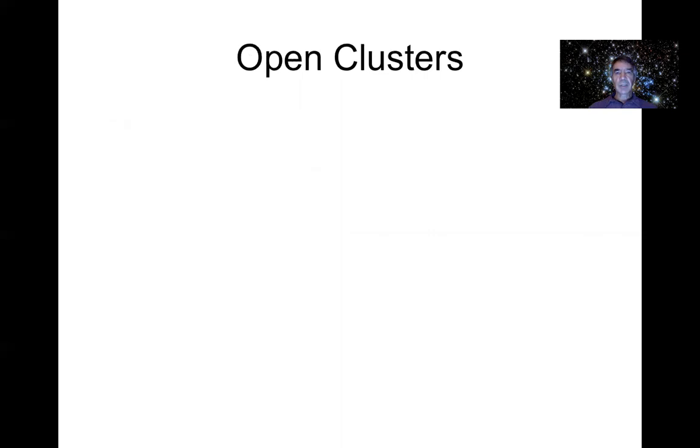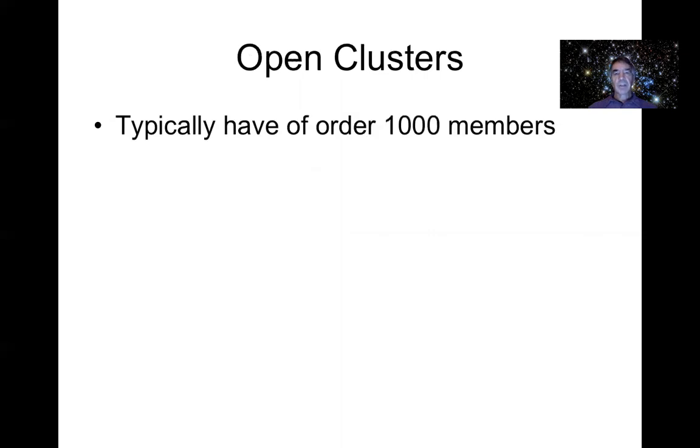So open clusters, these typically have anything from 100 to 1,000, maybe even more members. By members we mean stars here, of course. So it's a cluster of the order of 1,000 stars on the sky. The one behind me in the background here is a typical open cluster.